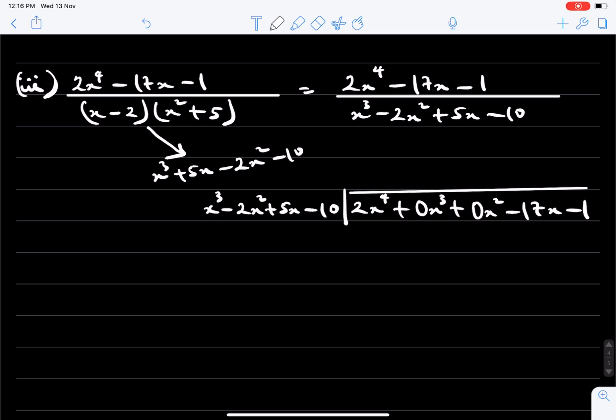So 2x to the power 4 divided by x cubed is 2x, and that means 2x to the power 4. There's no x cubed term, so I'm just going to fill this with 0.